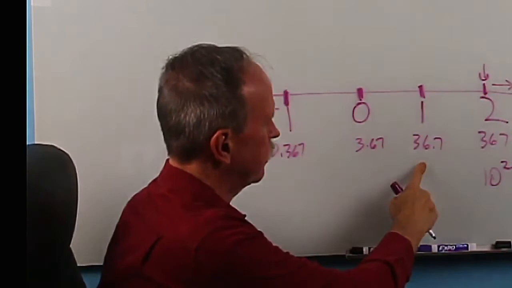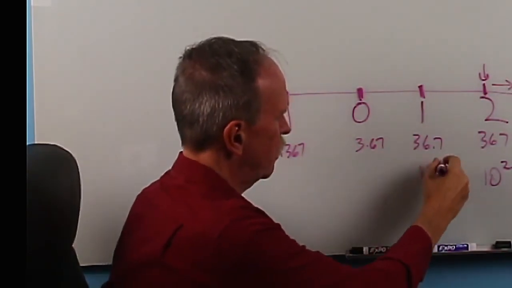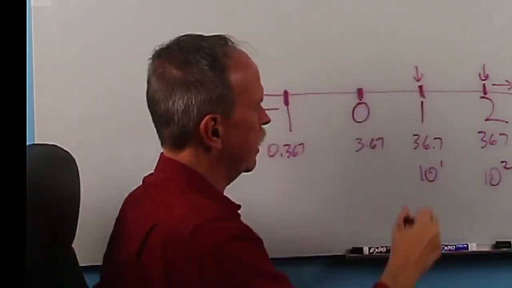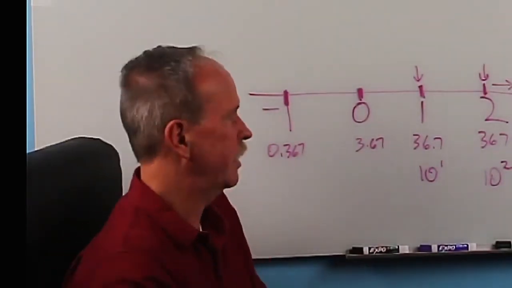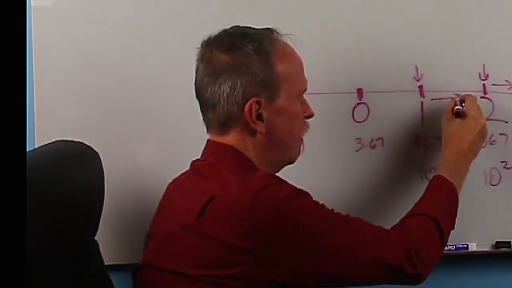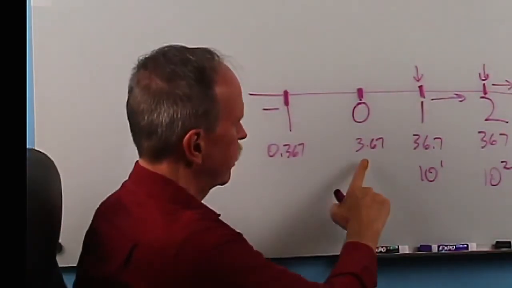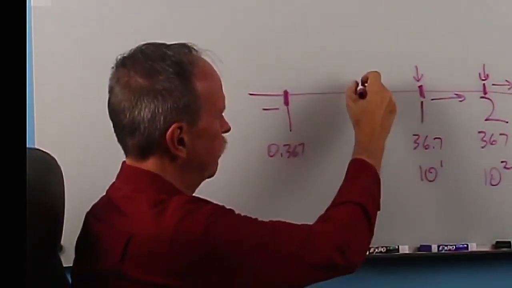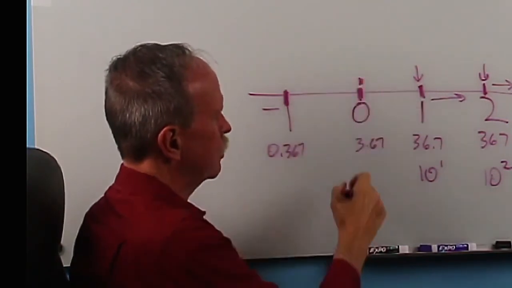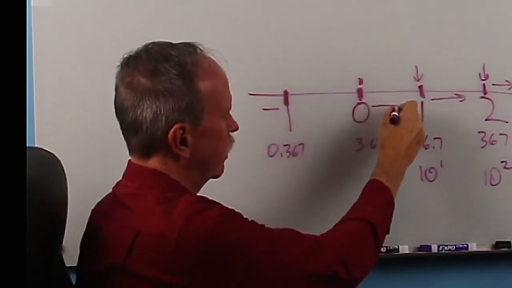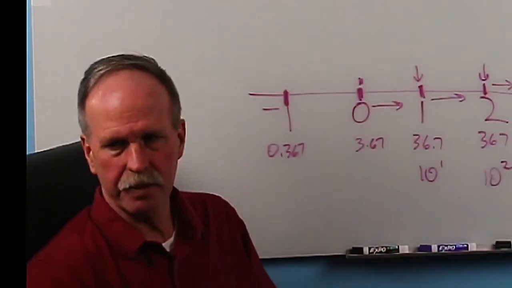Likewise, when we're dealing with 36, that's 10 to the 1. That spot right there is 1 times 10 to the 1, and we have to move that way to get to 3.67. 3.67, well, that spot right there is 1. Again, we're moving that direction.